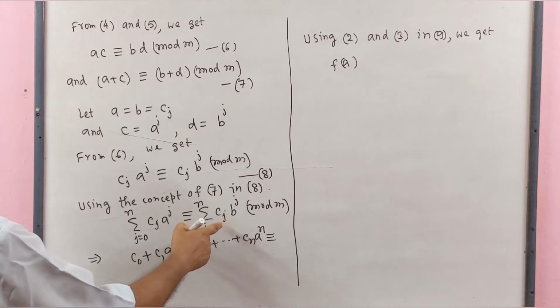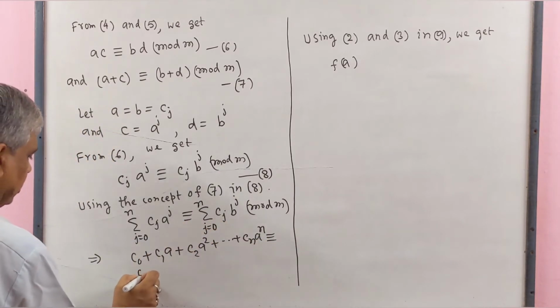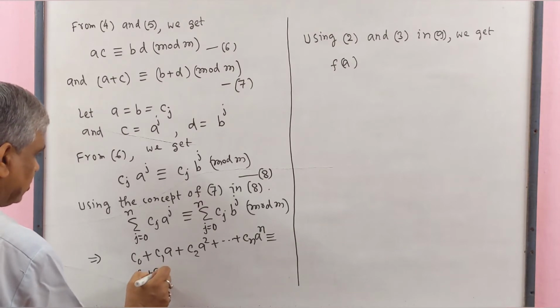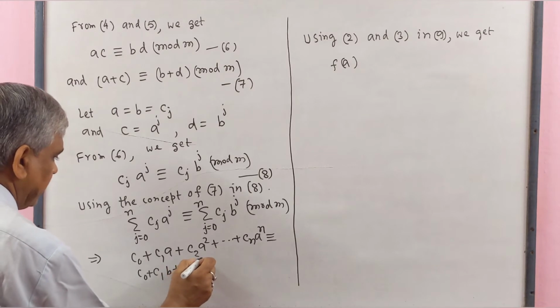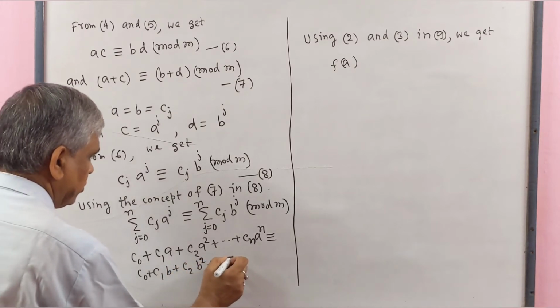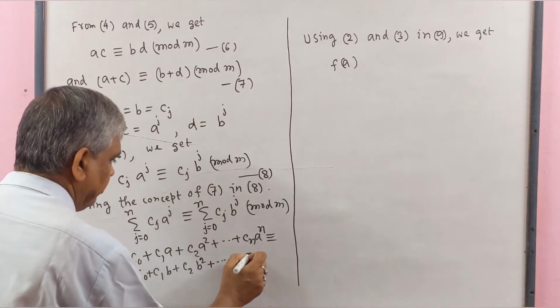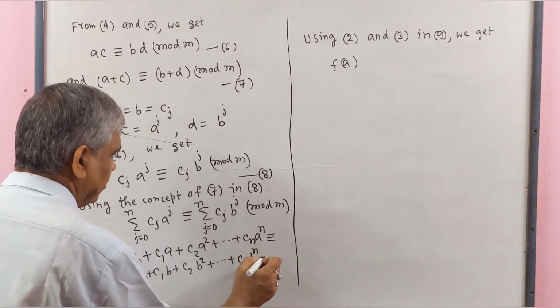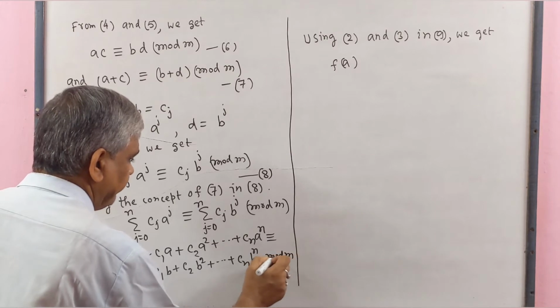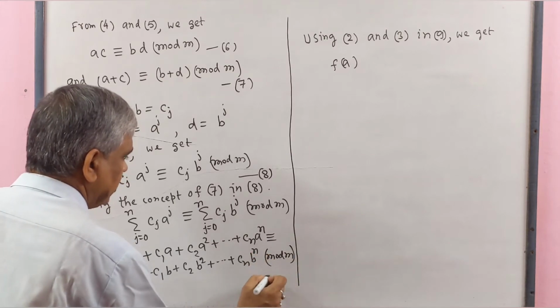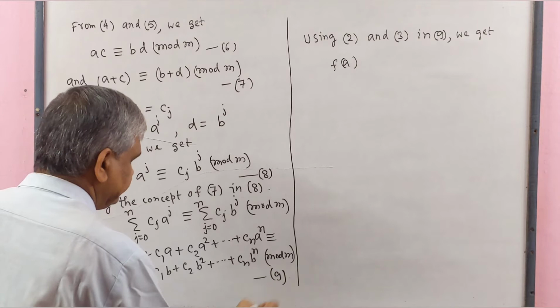Now in right side, similarly c0 plus c1b plus c2b square plus dot dot dot plus cn b to the power n, modulo m. This is number 9.